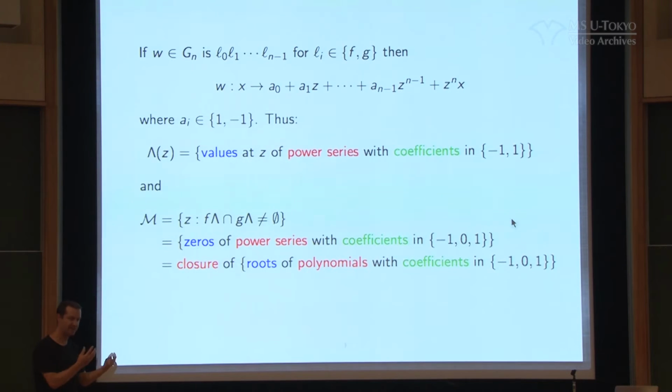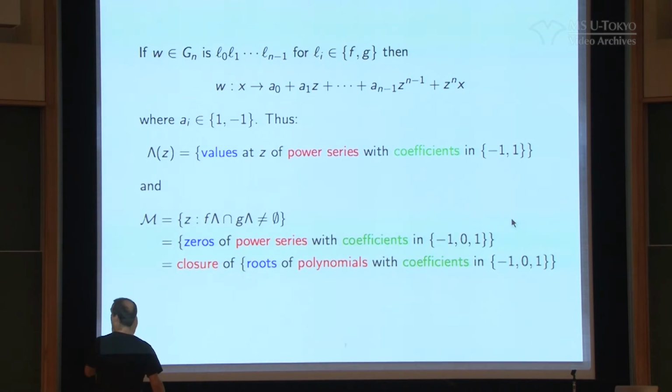Eventually, after we've applied them infinitely many times, what we're left with in this limit set lambda is that the point x has receded into the distance. All that's left is a power series whose coefficients record the sequence of f's and g's that you applied in some order, starting with the most recent one at the start. So this limit set itself is literally just recording the set of values of power series whose coefficients are of a particularly simple kind.